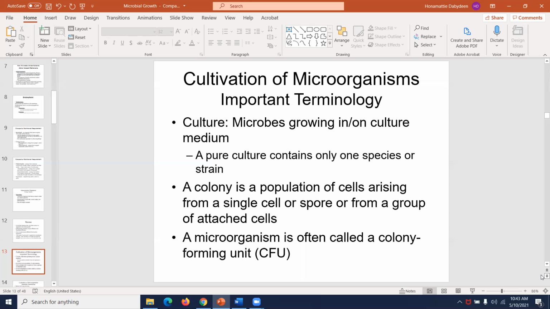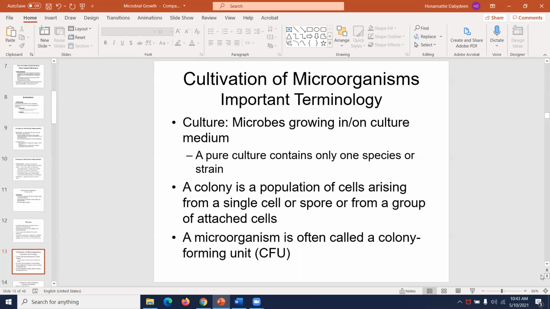If I inoculate one single microorganism on the surface of a solid medium, that organism, if conditions are okay, will multiply over and over again. And eventually, it will form this huge clump of microorganisms. Now I can see that clump with the naked eye.